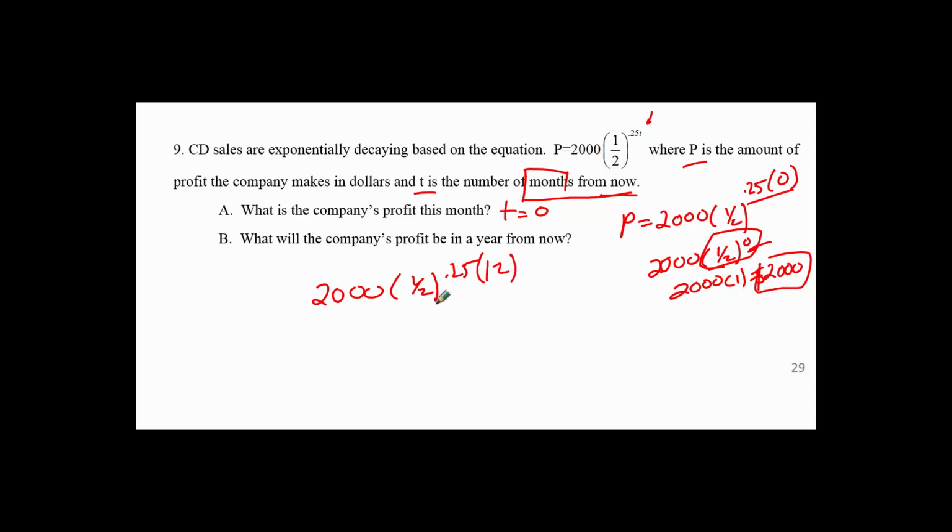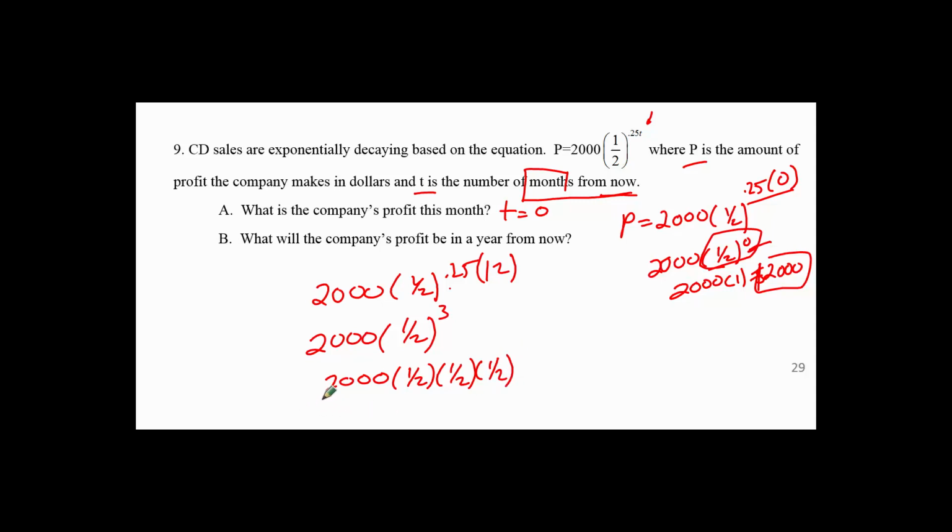Sounds good. Now, this is where a lot of you will take out your calculator. I'm a little lazy. My calculator's kind of hidden on this computer, so I'm just going to go like this: 1/2 to the power of a quarter of 12, because 0.25 is a quarter. So a quarter of 12 would be 3. And what does this mean? We're going to take 2,000 and multiply it by 1/2 three times, right?